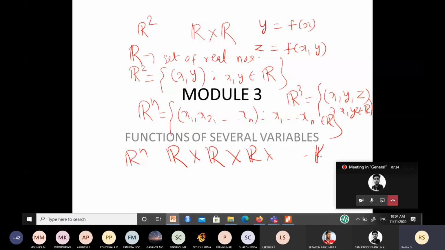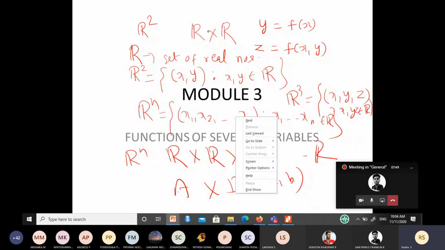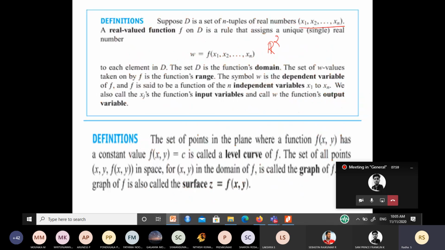You might have studied A cross B, right? How will the elements of A cross B look? Something like (a, b), where a is from capital A and small b is from capital B. The same way, R square means R cross R, with elements where x and y are both from R, so here A and B are both R.